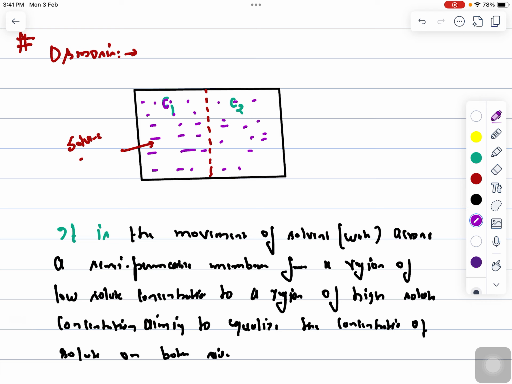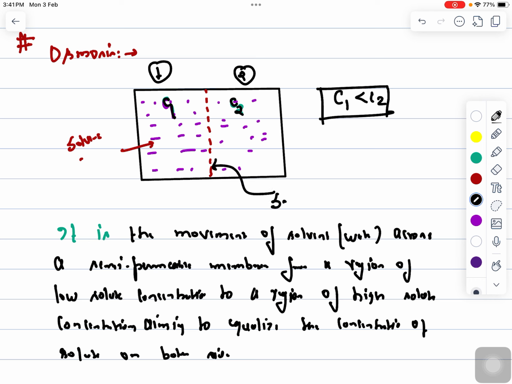Let's say the concentration of solute on the left side, in compartment 1, is C1, and the concentration of solute in compartment 2 is C2. Let's say C1 is less than C2. This one is the first compartment, this one is the second compartment, and this one is the semi-permeable membrane, and the solvent is your water, right?